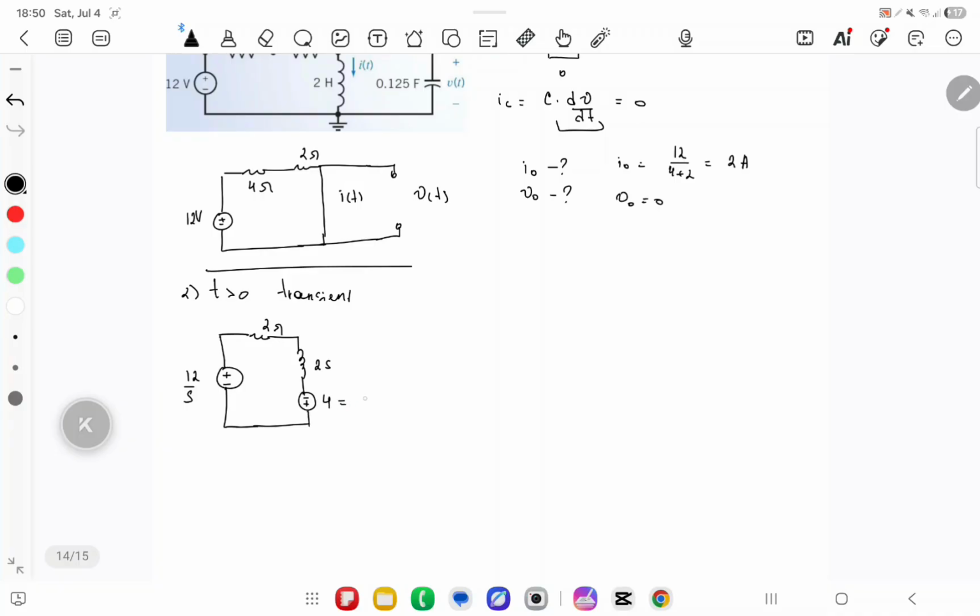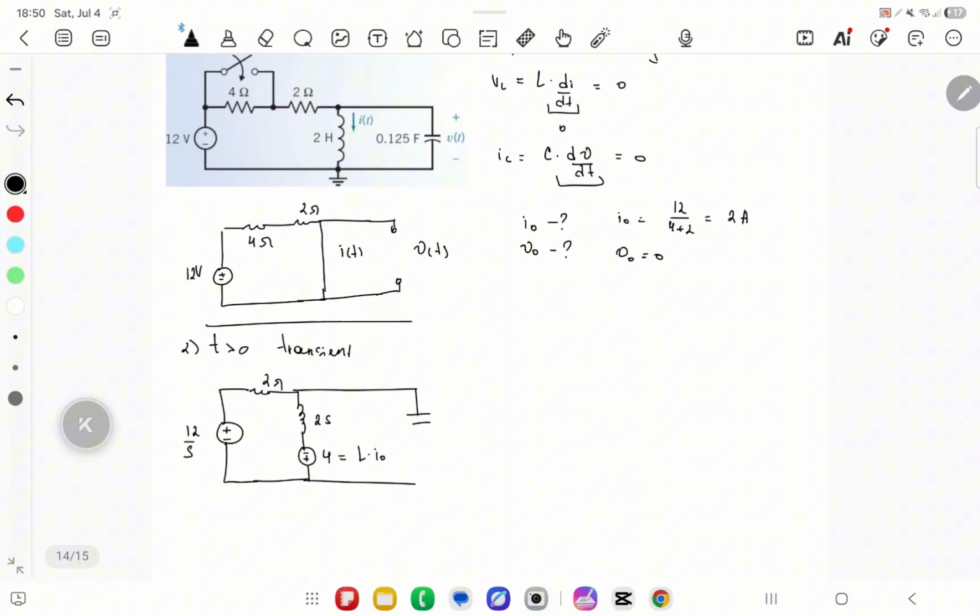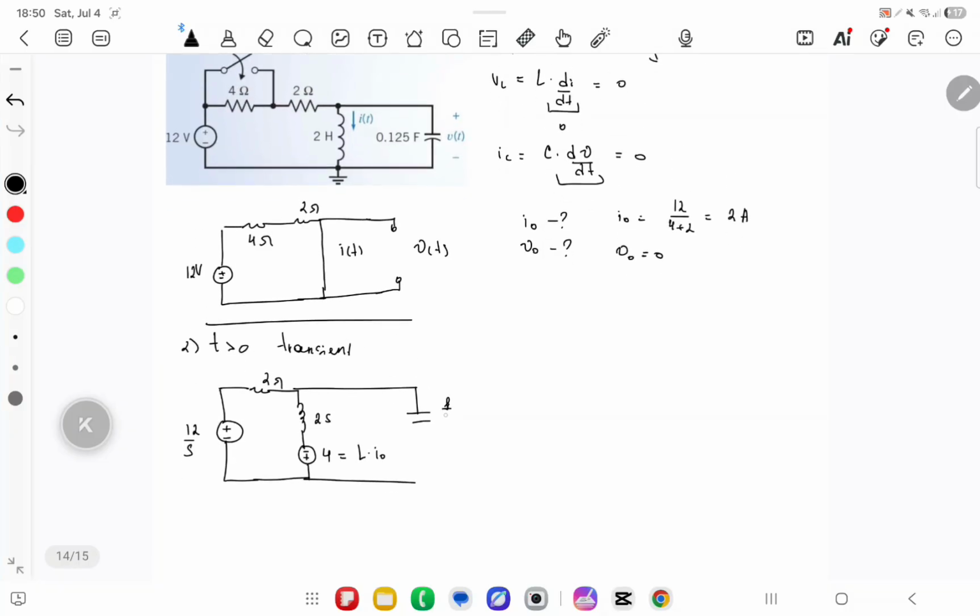This is taken by multiplying the inductance by our initial value of current. Here we will have our capacitor value, which is 8 over s, which is just 1 over capacitance multiplied by s. And we don't have any voltage source over here because our initial voltage is equal to 0.